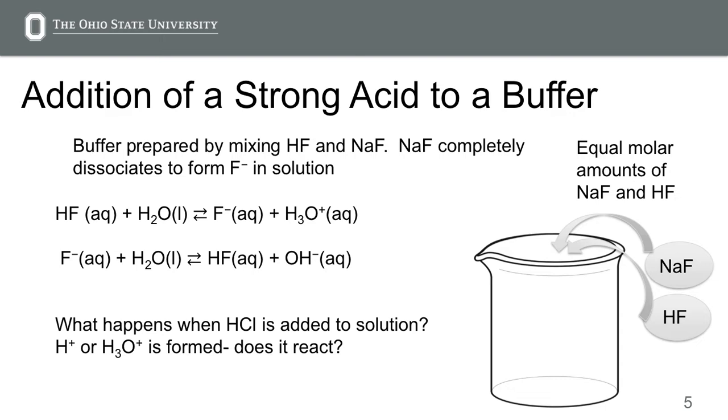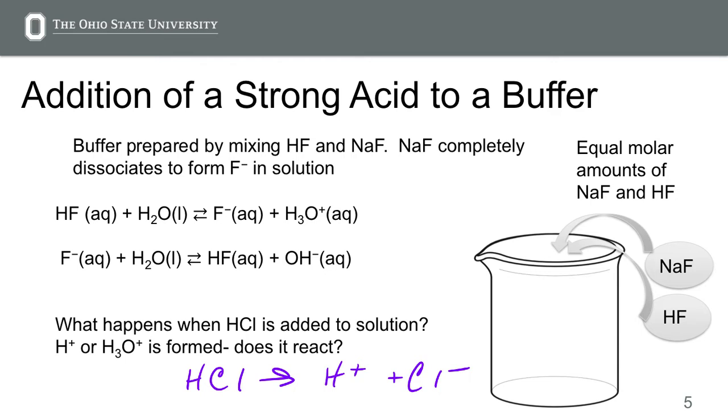But what happens if we add a strong acid to the buffer? We'll take our HF and NaF buffer. We've got HF and F minus. Again, our sodium fluoride is completely dissociated. That's our salt. We put that in solution, and now we have this F minus plus H2O equilibrium. So what happens if we add HCl to the solution? As we know, HCl completely dissociates to form H plus or H3O plus. So we're adding acid to the solution.